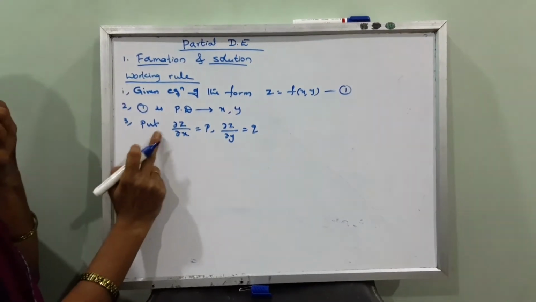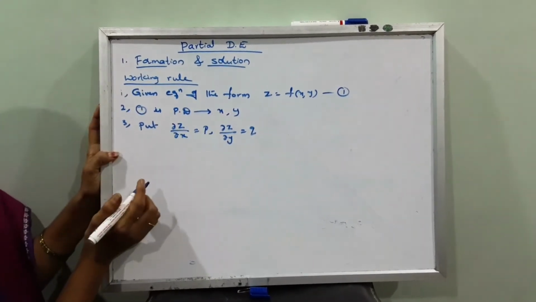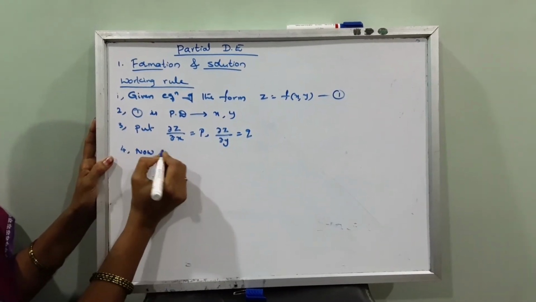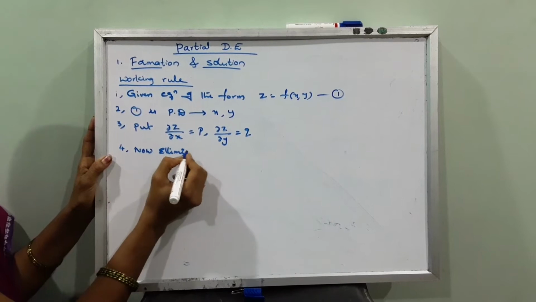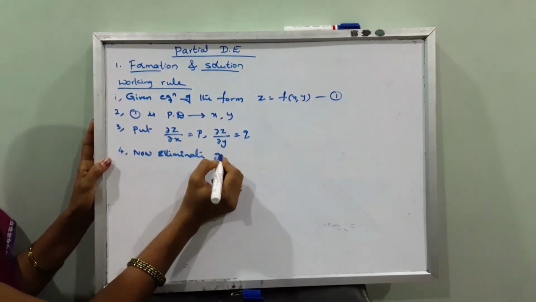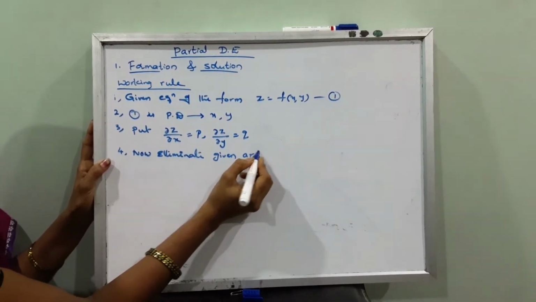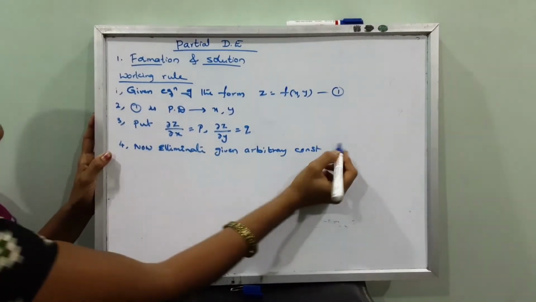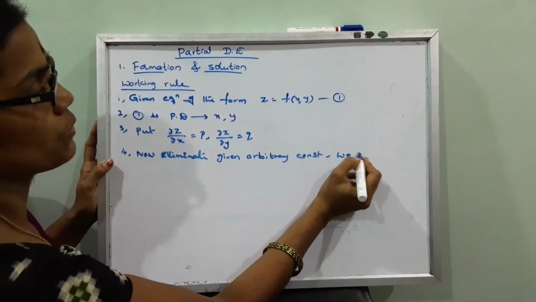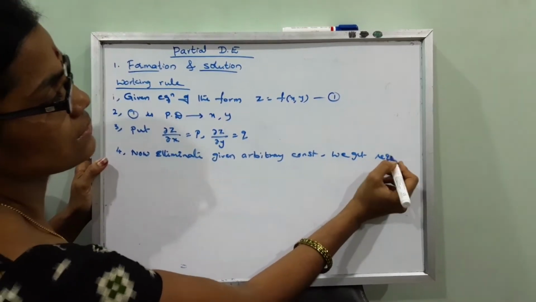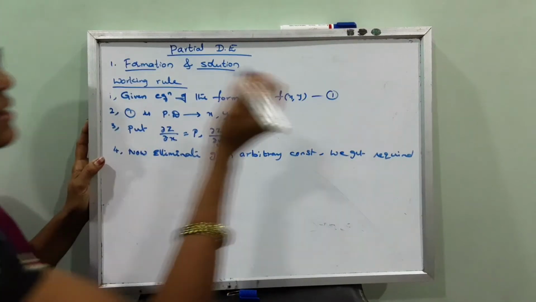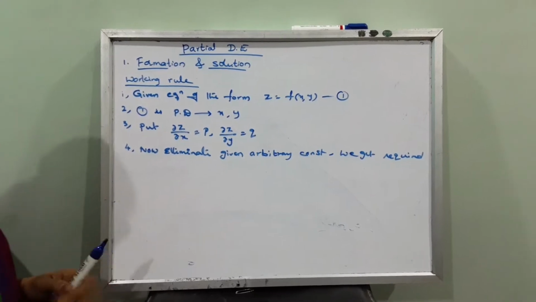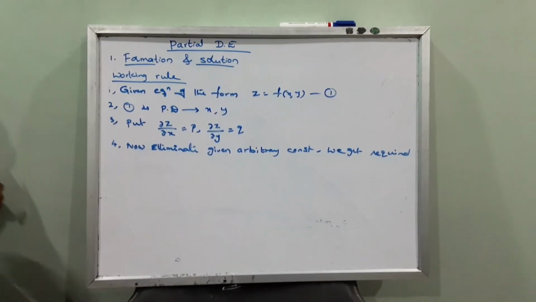The last step is to eliminate the given arbitrary constant, and we get the required differential equation.